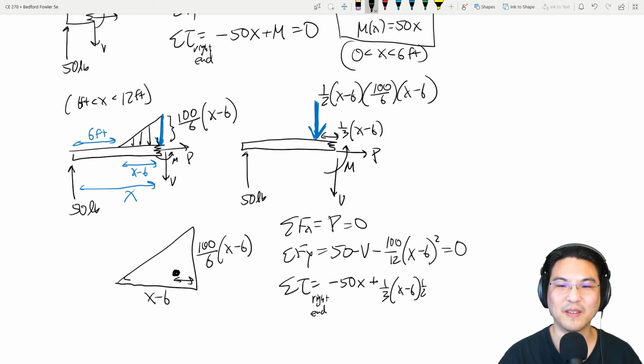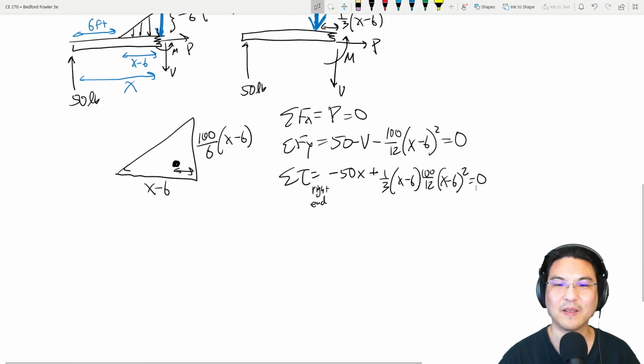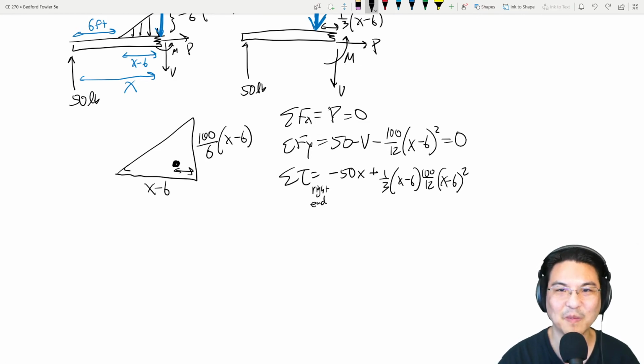Actually, let me just write the simplified version. So that's 100 over 12 times x minus 6 quantity squared. Okay, so there we go. Oh, I forgot to write the couple from right here, the bending moment.